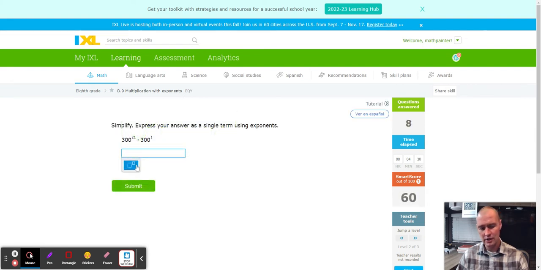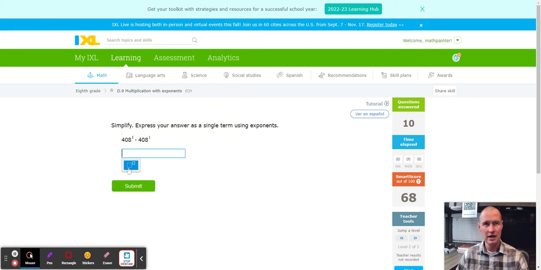Next up, we got 300 with the exponent of 22. And how I got 22 is 21 plus 1 gives me 22. Next, we got 873 plus 1 plus 1. That's going to give us 2 there.